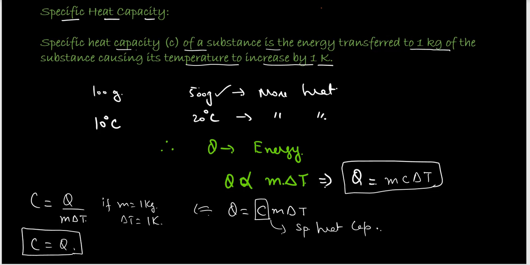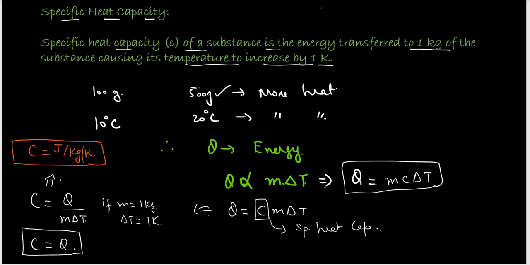That means if we have 1 kg of a substance and we are increasing its temperature by 1 Kelvin, then whatever amount of heat energy is required, that is its specific heat capacity. And from this expression, you get the unit of specific heat capacity, because c is Q over m delta T, so that will be joules per kg per Kelvin, right? So this is the unit for specific heat capacity.